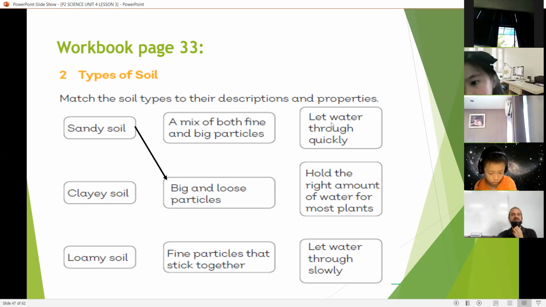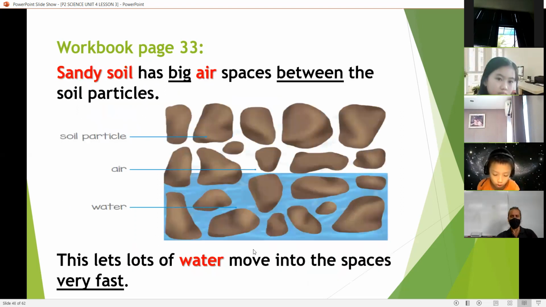Now, does water move in sandy soil fast, slow, or the right amount? Water moves in sandy soil very fast.